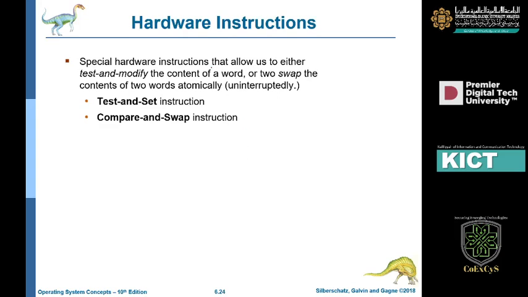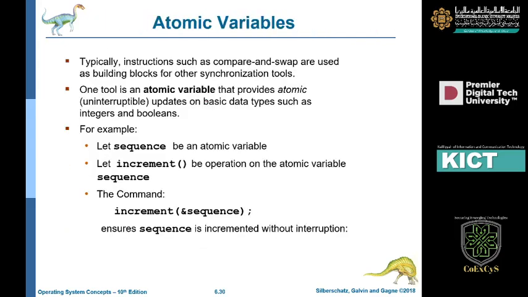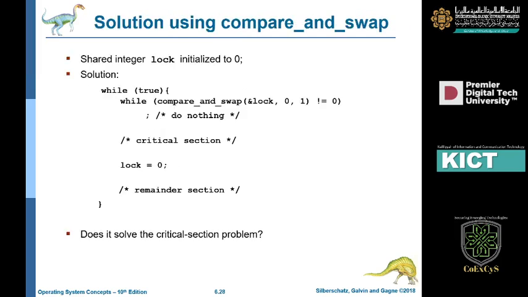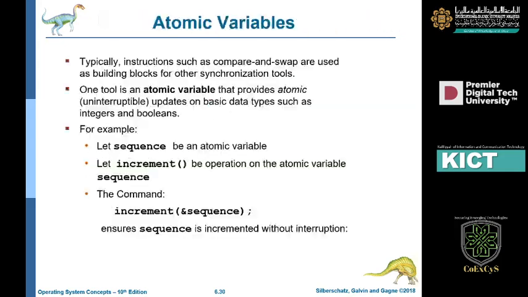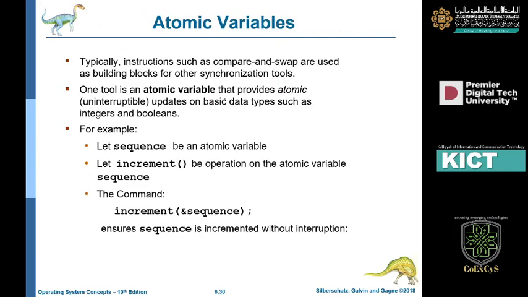Read about it. There are some hardware instructions that support this, right? And please read about them, and some compare-and-swap solutions, right? So these are all hardware solutions. One other thing I would like to note is the atomic variable.